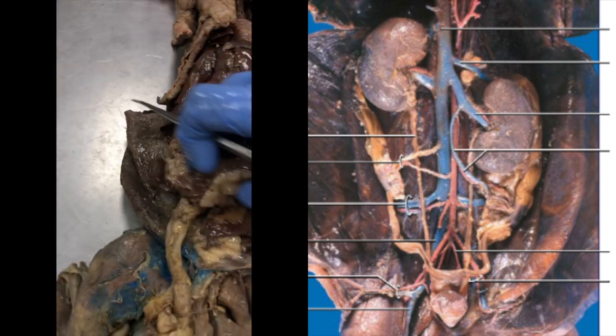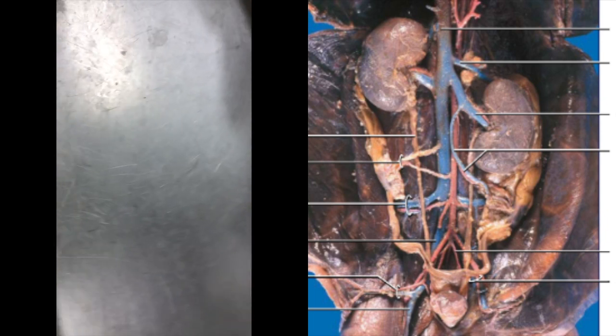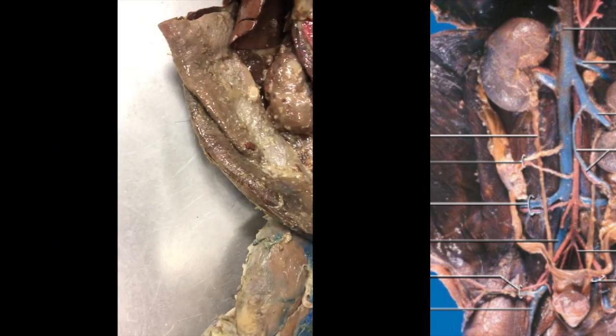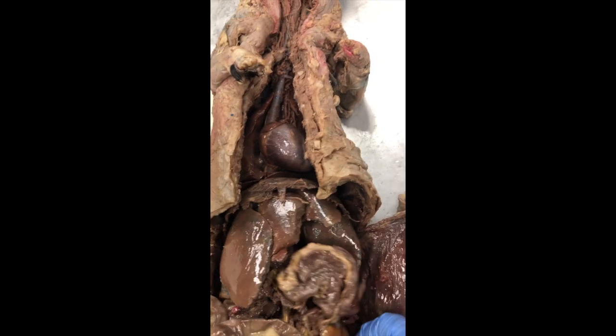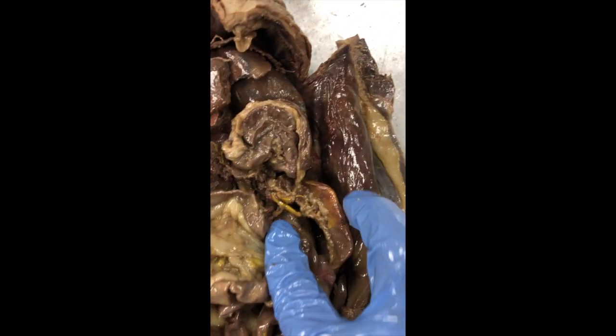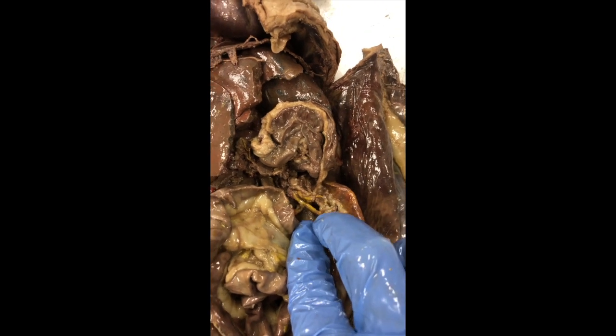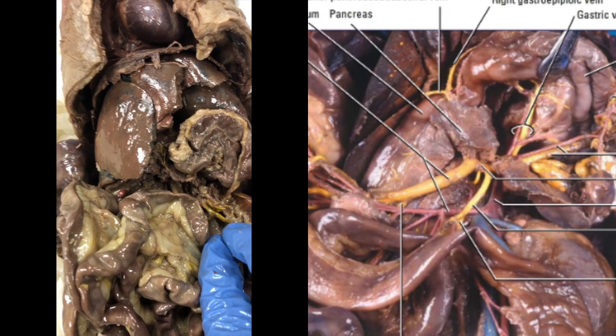Here we have some more of the mesentery. Let's see if I can find a good example. I think over here, just because the yellow portal system is a little bit better, this might be a better candidate. So I believe this right here is the spleen. That would make that the splenic vein, the yellow structure.